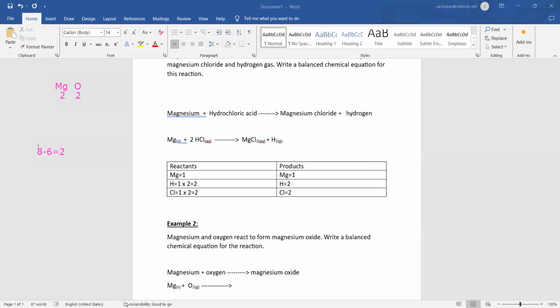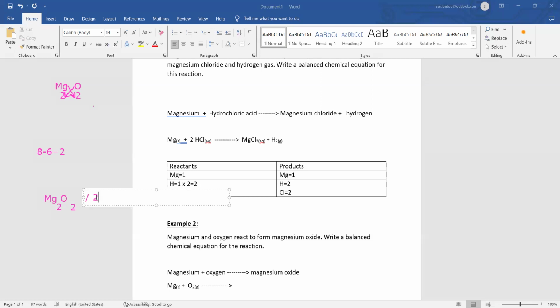Next thing you're doing, exchanging. Magnesium taking the 2, oxygen taking the 2. So you end up with Mg2O2. And in cases where the numbers could further simplify into something smaller, those 2 numbers are actually divisible by 2.